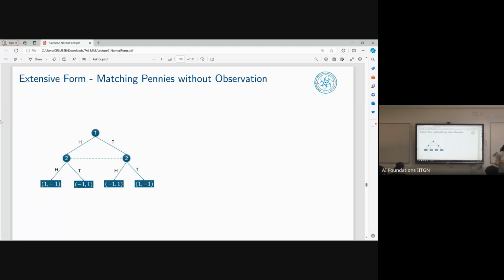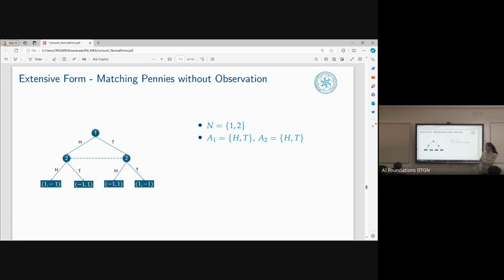Now, what would be the extensive form of this game? We'll always start with the number of agents. There are 2 agents, and the actions of each of these agents are H and T. So what would be the information set, before we look at what the answer is?